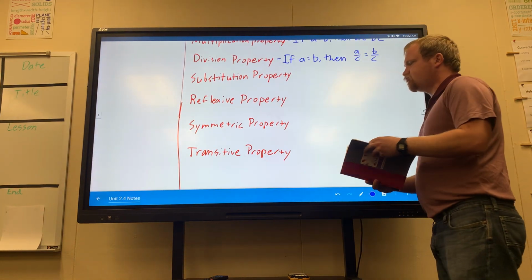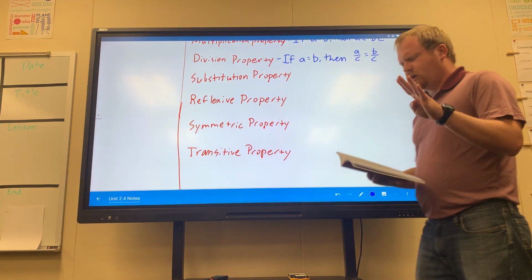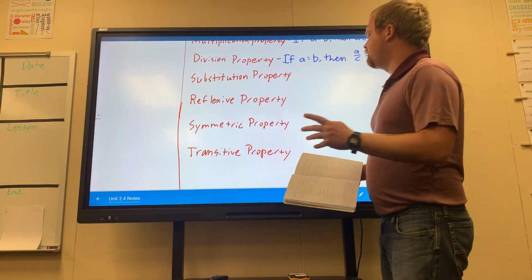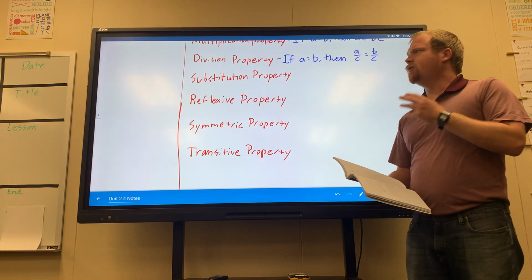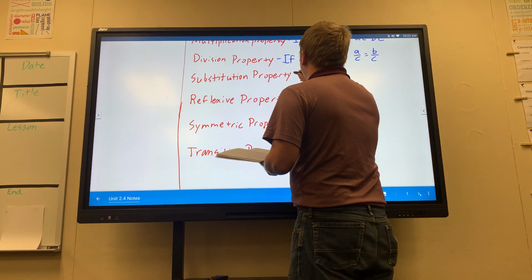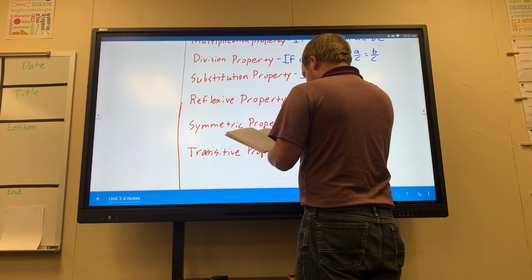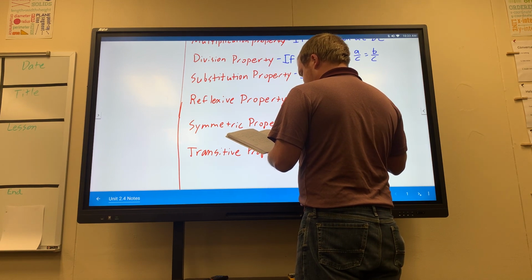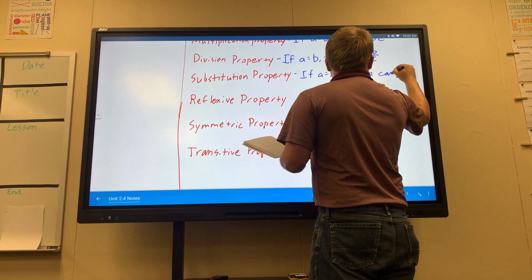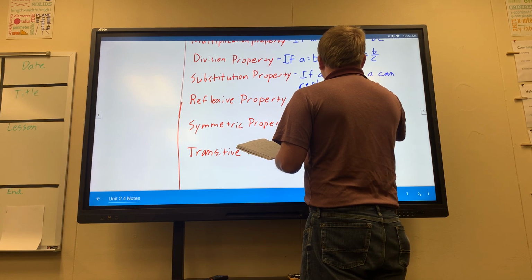Now, there's four other properties that we still have to talk about. And these are the stuff that are new. These are new properties. Okay? So, for substitution, if A equals B, then A can replace B. Okay?